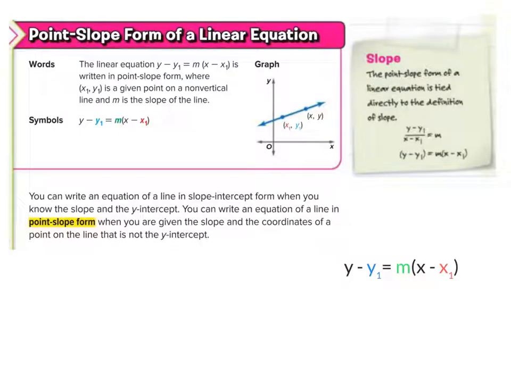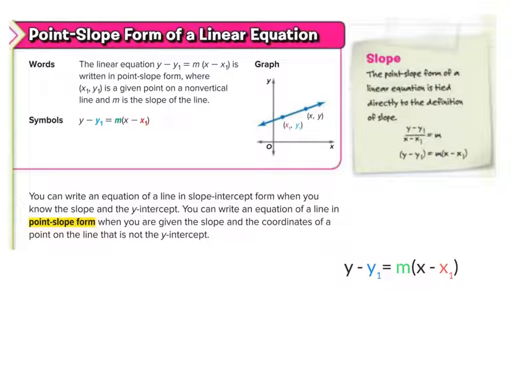Point-slope form of a linear equation. I know I already talked a little bit about point-slope form, but you can write an equation of a line in slope-intercept form when you know the slope and the y-intercept. You can write an equation of a line in point-slope form when you are given the slope and the coordinates of a point on the line that is not the y-intercept.